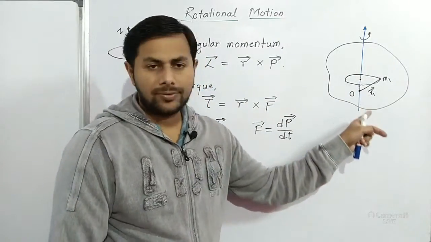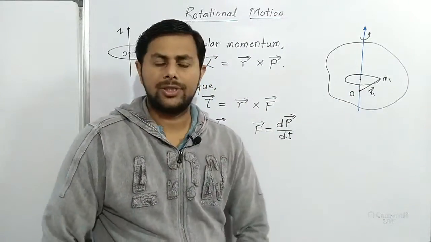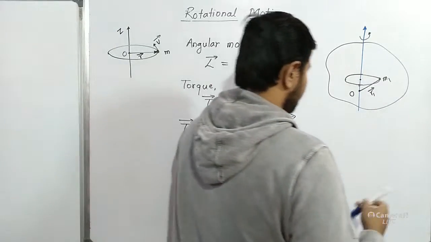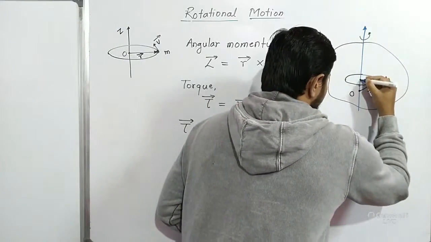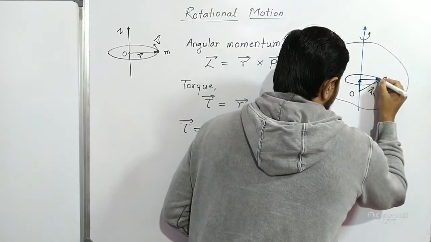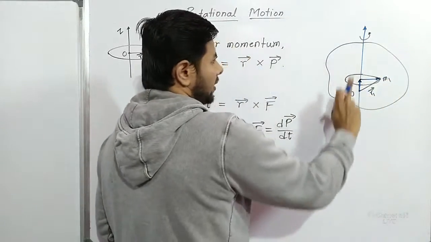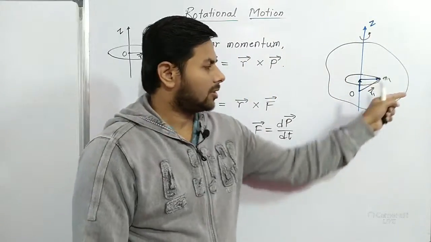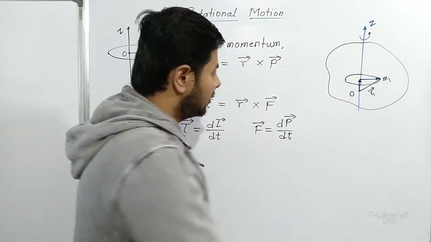And I am going to now resolve this position vector along two components. These are those two components. One is along the axis of rotation, let's call it the z axis, and one is perpendicular to the axis of rotation.